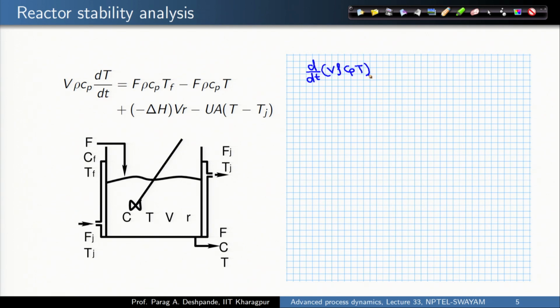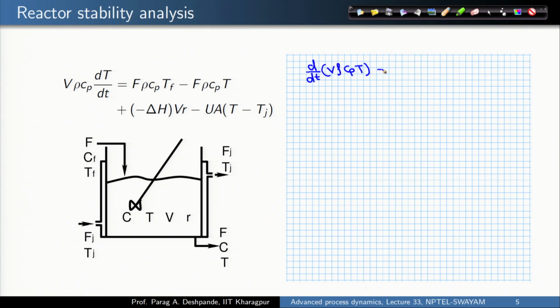Change in mass of the system was given as d by dt of V times rho, and change in a particular component was given as d by dt of volume times the concentration. So, similarly, I am writing an analogous expression here.